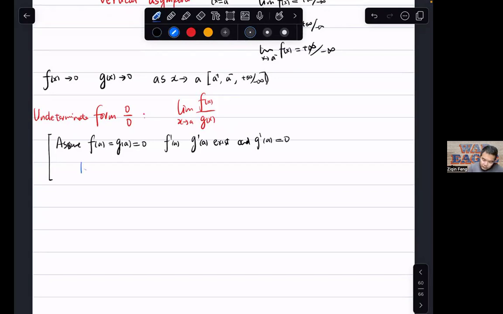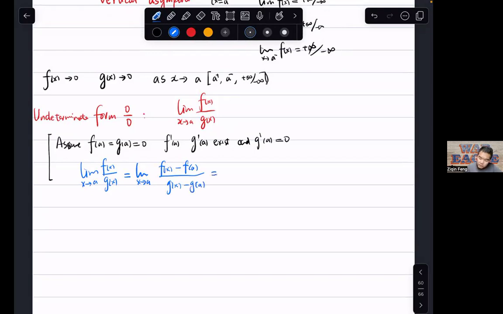So we want to evaluate, as x goes to a, f of x over g of x. This part is a discussion of L'Hopital's rule. How do we get L'Hopital's rule, right? Because f of a equal to g of a, which is 0, this is the same as the limit as x goes to a of f of x minus f of a over g of x minus g of a. That's true because f of a, g of a are 0, just subtract 0.